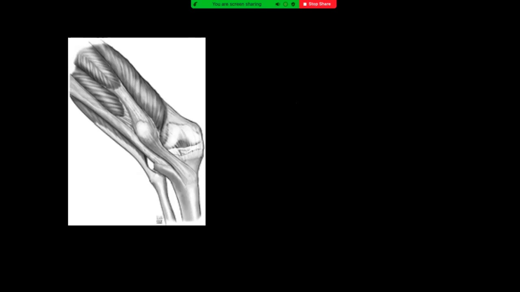So it is impossible to reduce that patella without releasing all these tight lateral structures. In fact, in some cases, as you go on flexing the knee joint, these muscles, which are actually extensors of the knee joint, because of their lateral position become flexors. So this is that severe.